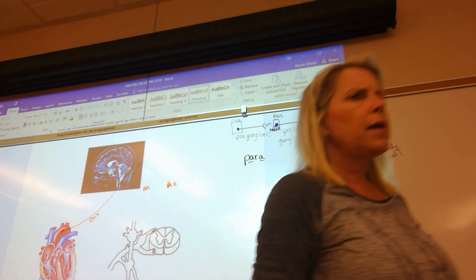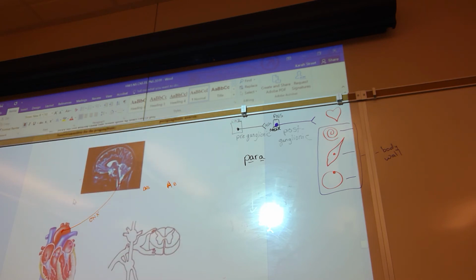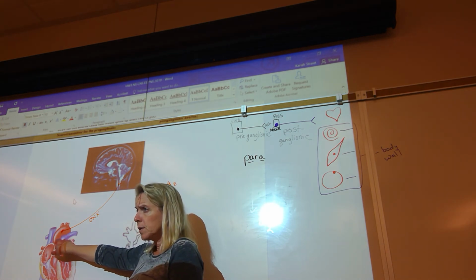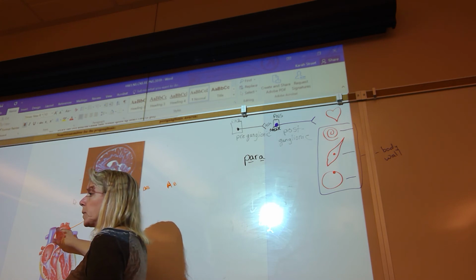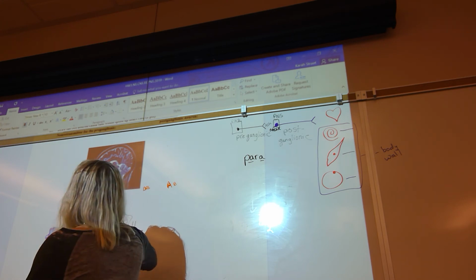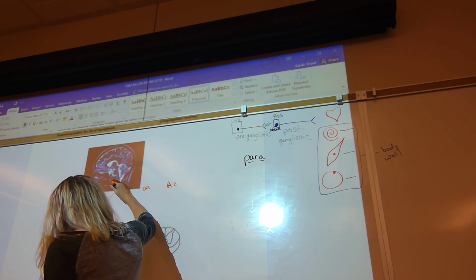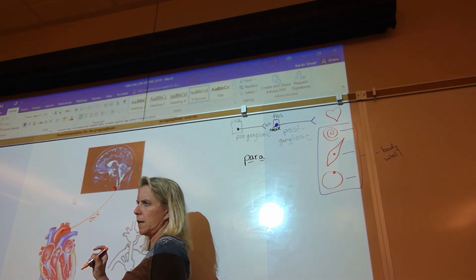Okay. Then the next part of the problem says, make sure you name this nerve and correctly draw its origin and where it terminates. Well, I've drawn its origin. That's where the baroreceptors are found. That's where this nerve begins. The cell bodies are actually in ganglia, so I'm going to just draw this little structure as the cell body for cranial nerve 10.